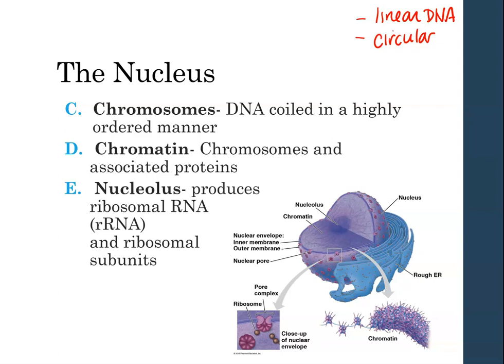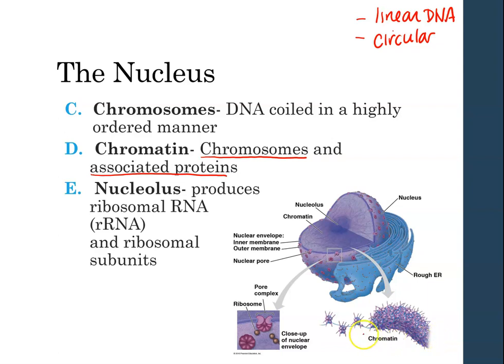And that really long DNA has to be coiled very specifically so that it all fits into the cell. Now, it is coiled into a structure called chromatin. So chromatin is what we call chromosomes that are folded and condensed around proteins.